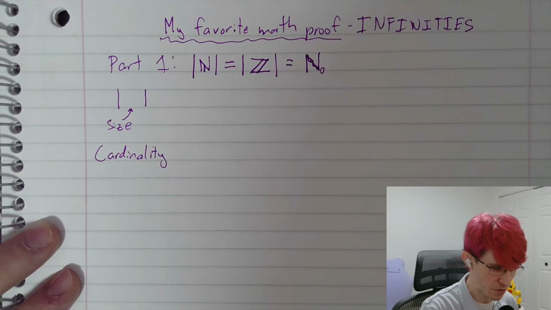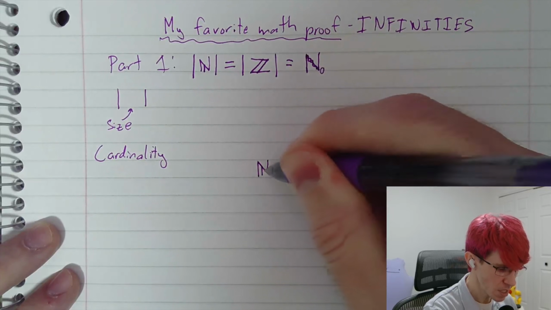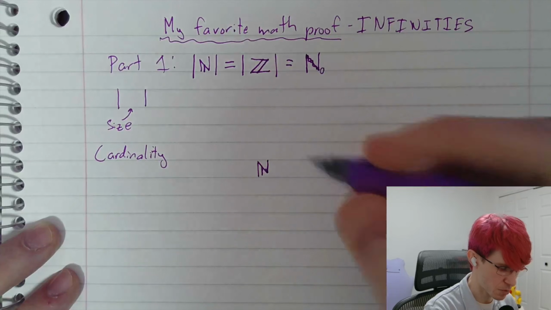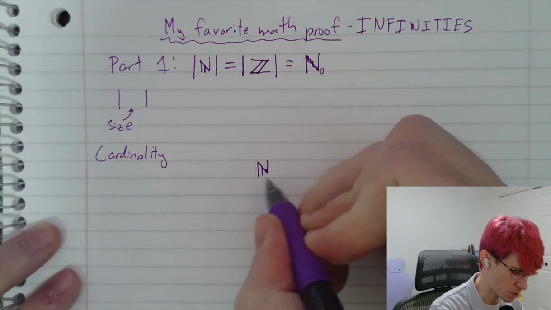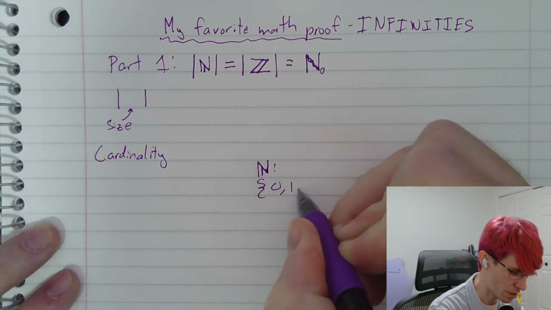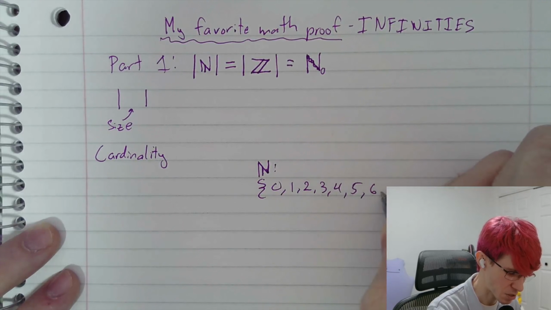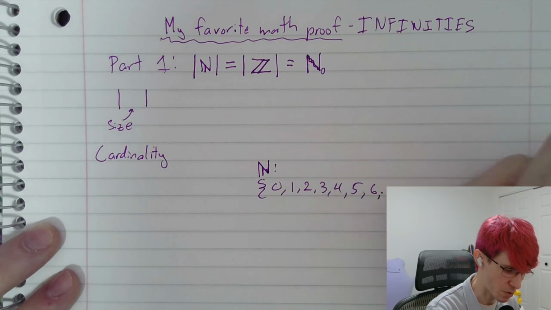To start off the proof, I'm actually going to visually trick you. Here are my natural numbers. For those of you who do not know, the natural numbers are very simple: 0, 1, 2, 3, 4, 5, 6, and so on and so forth, all the way forever and ever.